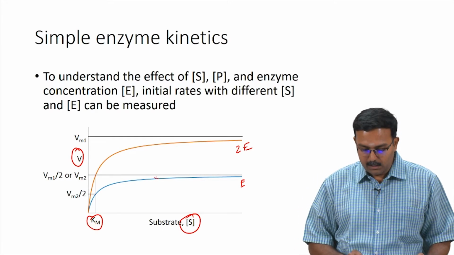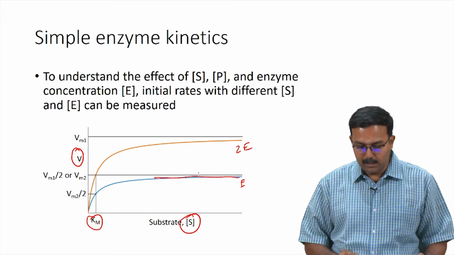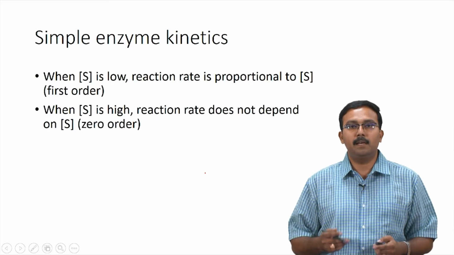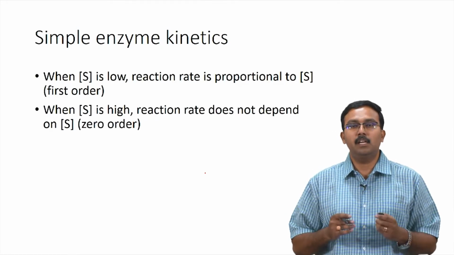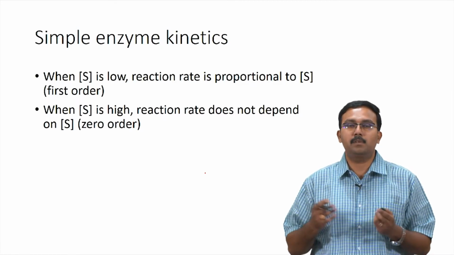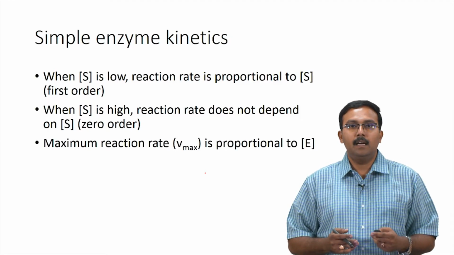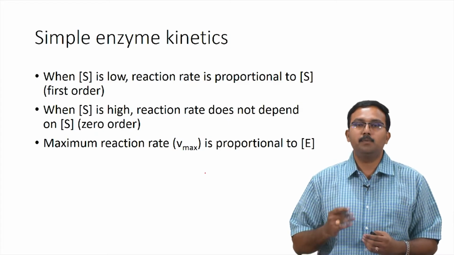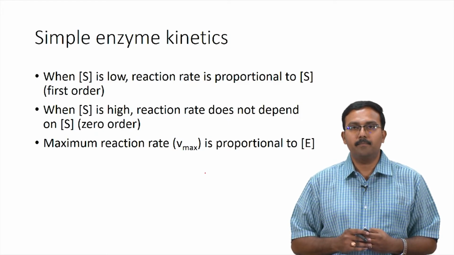The reaction rate has not changed significantly, although the substrate concentration has been increasing tremendously. This is because it follows a zero order reaction when the substrate is in excess. You also see that the maximum reaction rate Vmax or Vm is proportional to the enzyme concentration.